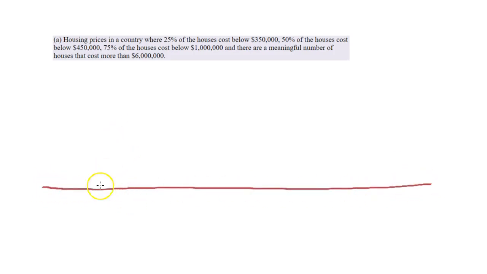We're at $350,000. So let's just draw a timeline. Notice that for the highest percentage, 75% of the houses cost below $1 million. So we have $1 million, $6 million. Let's just say this is 6 million.